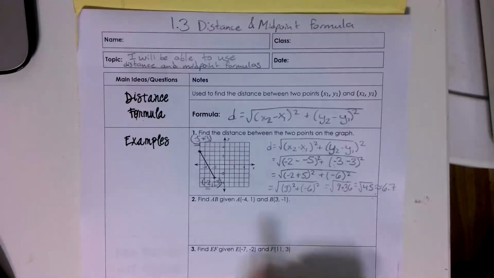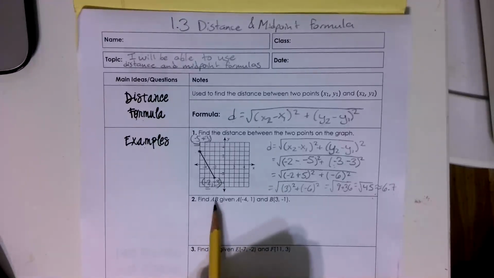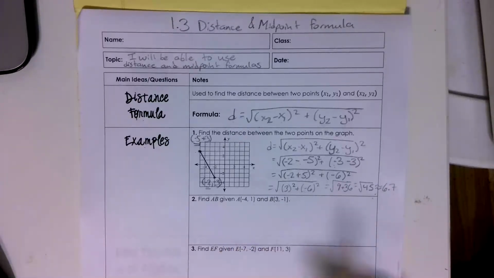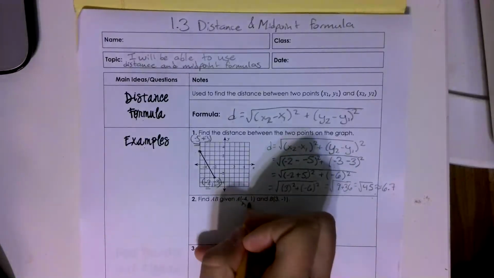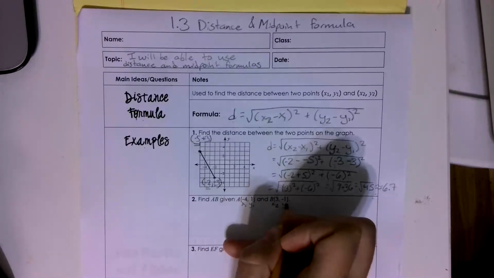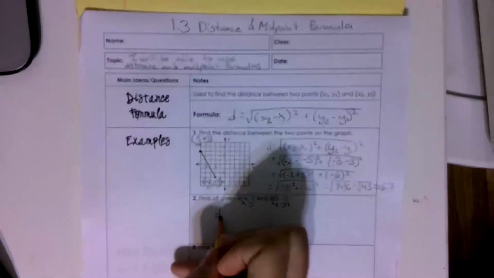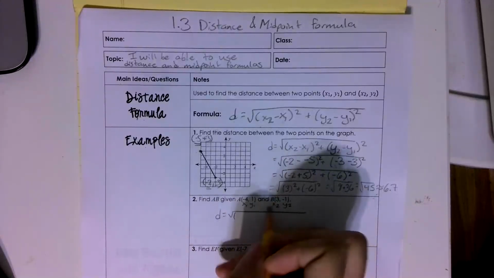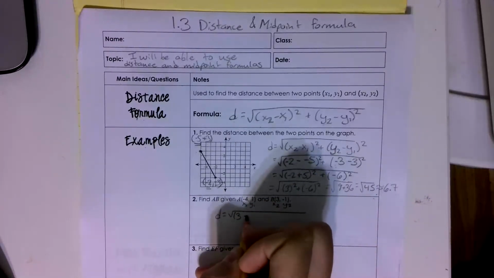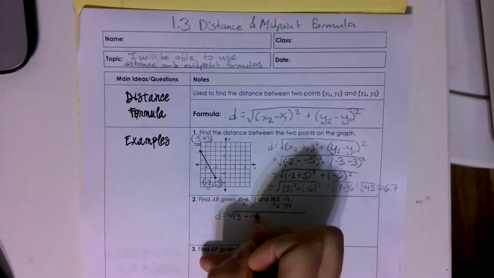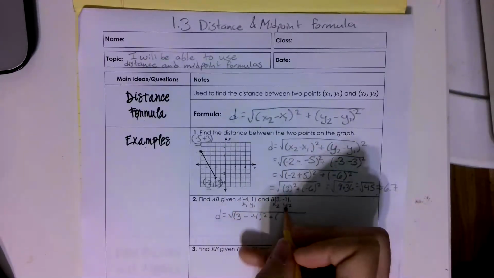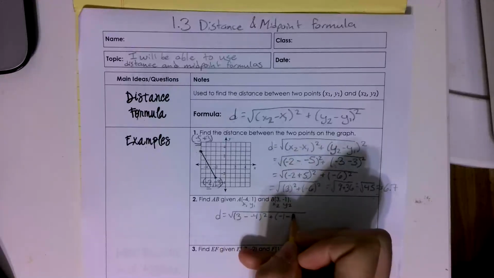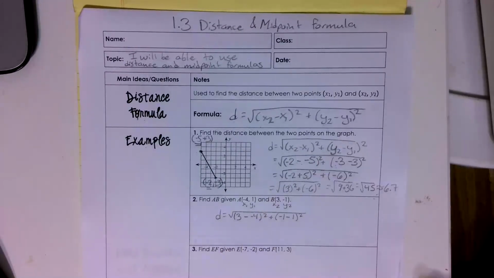Let's do number 2 down here. So find AB given that A is -4, 1, and B is 3, -1. So this is x1 and y1, x2 and y2. So I'm going to plug them into my distance formula. Square root x2, which is 3, minus x1, which is -4, squared, plus y2, which is -1, minus y1, which is 1, squared.